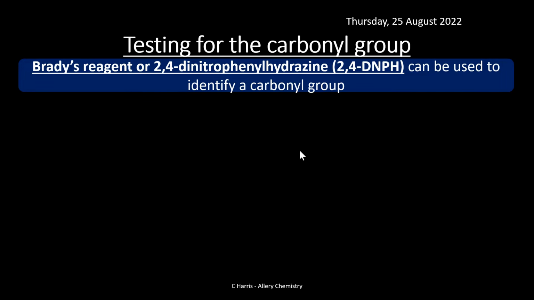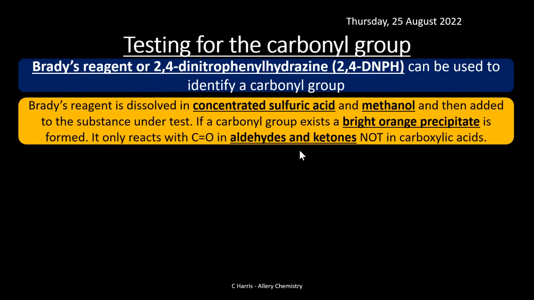Brady's reagent is 2,4-dinitrophenylhydrazine. Try and say that one quickly, which is just 2,4-DNPH, and that can be used to help identify a carbonyl group. Brady's reagent is dissolved in concentrated sulfuric acid, and we mix it with a bit of methanol, and then we add that to the substance that we want to test.